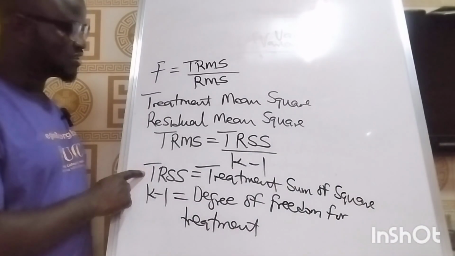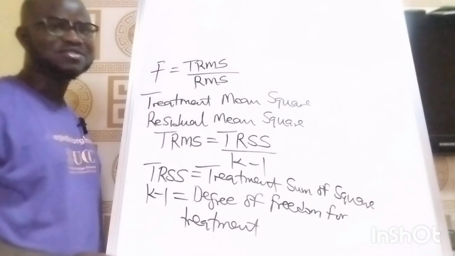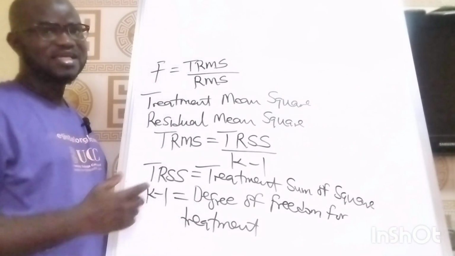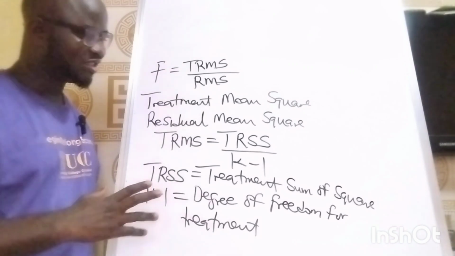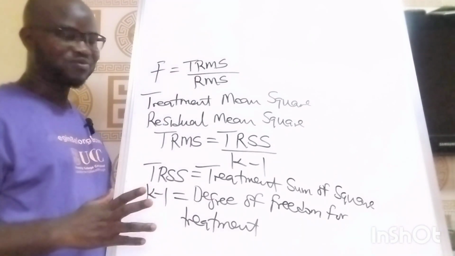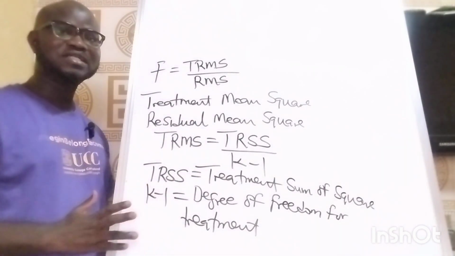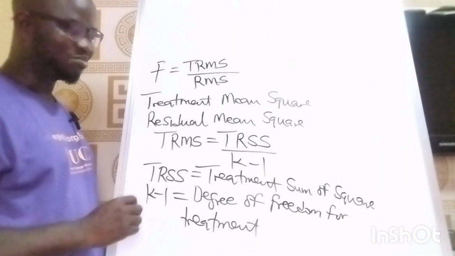And the treatment mean square is calculated as TRSS, which is treatment sum of square, divided by the degree of freedom for treatment, right? So TRSS is the treatment sum of square, and K minus 1 is known as the degree of freedom for treatment, right?